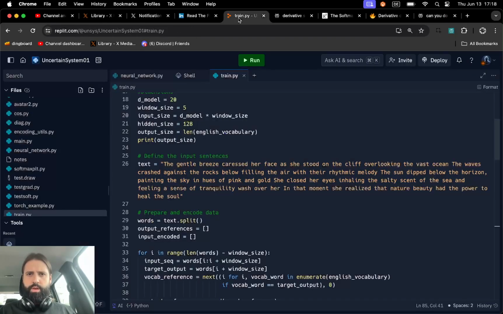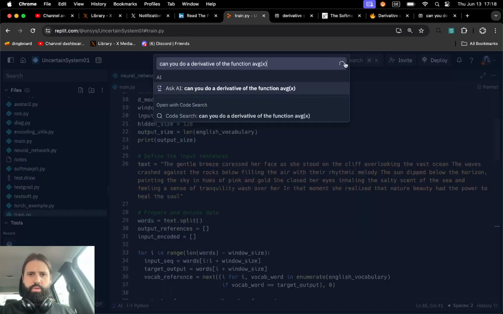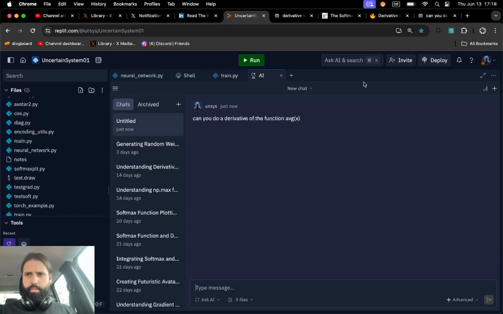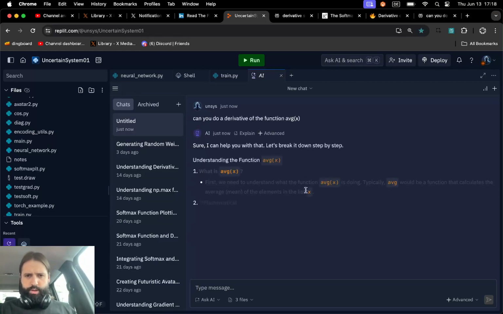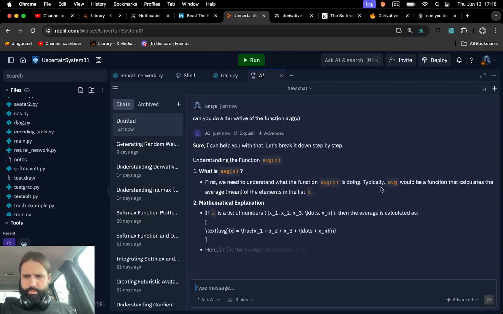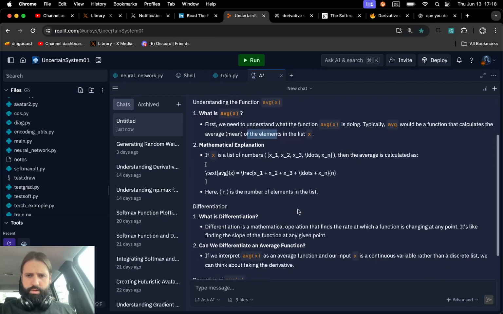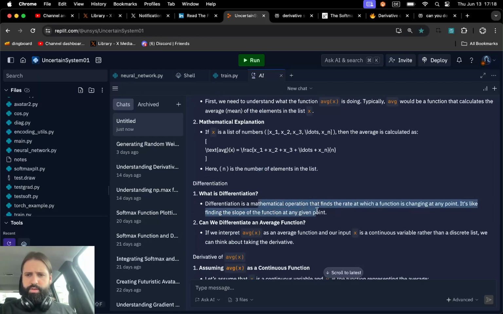Let's ask the AI. How do you even define that, right? Calculate the average mean of the elements in a list. The derivative is a mathematical function that finds the rate at which a function is changing at any point. It's like finding the slope of the function at a given point.